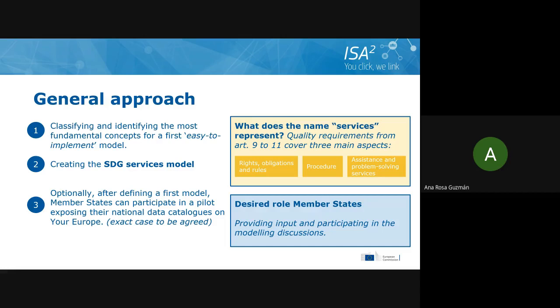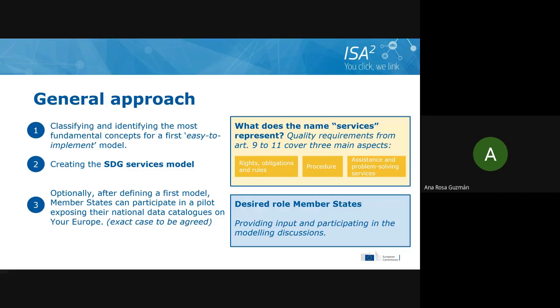For instance, I see this use case is very useful for modeling Article 9, because in Article 9, you are giving general rules of what it means to do something in a particular country. So in that case, yes, registering a vehicle abroad involves several procedures, several regulations.